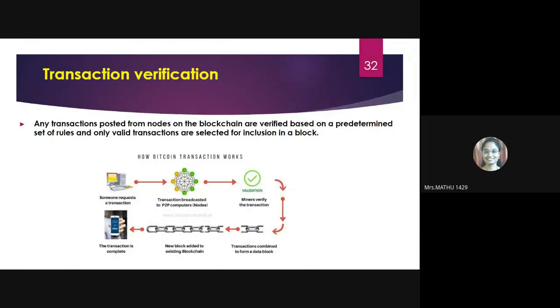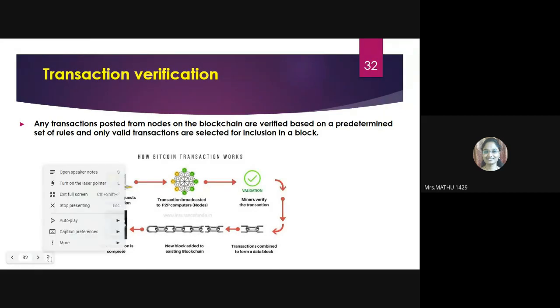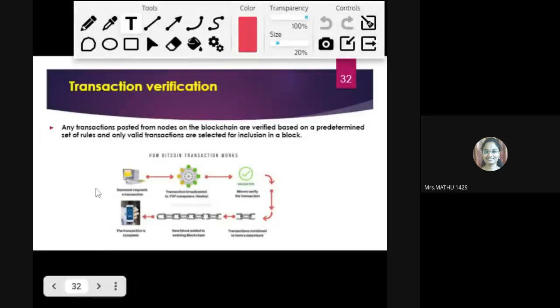You can see in this picture, someone requests a transaction, and once a transaction is requested, it is broadcast to all the computer nodes.